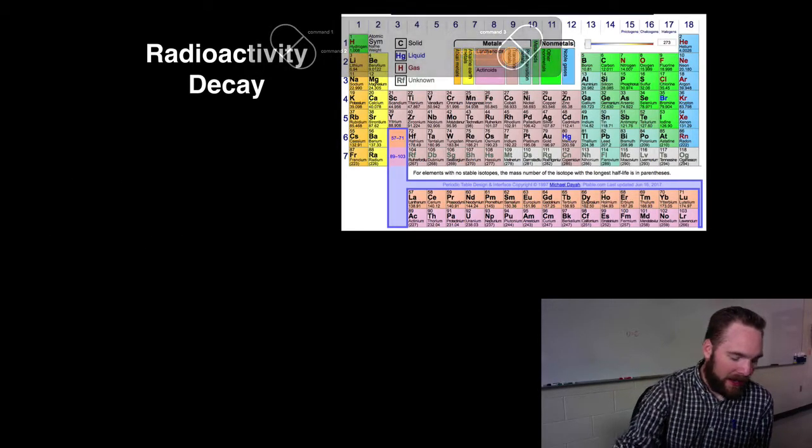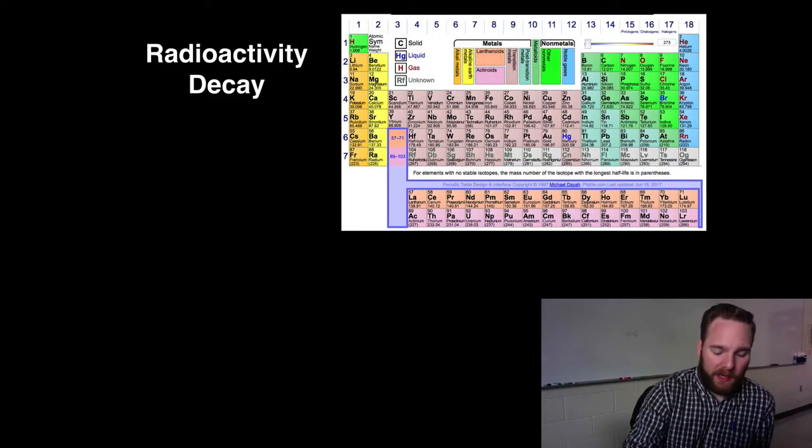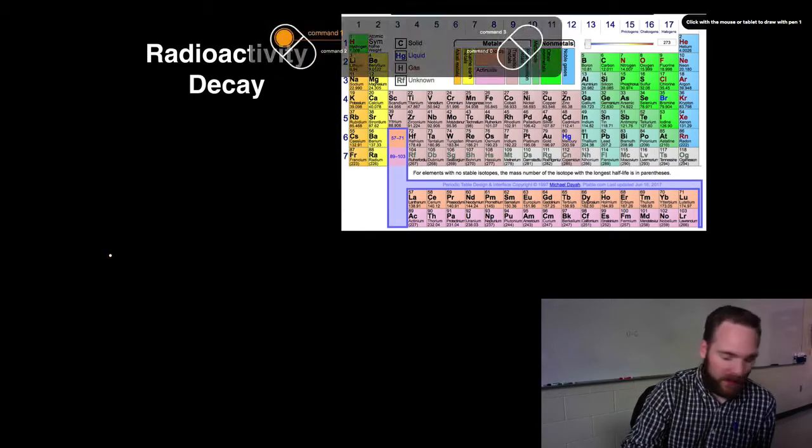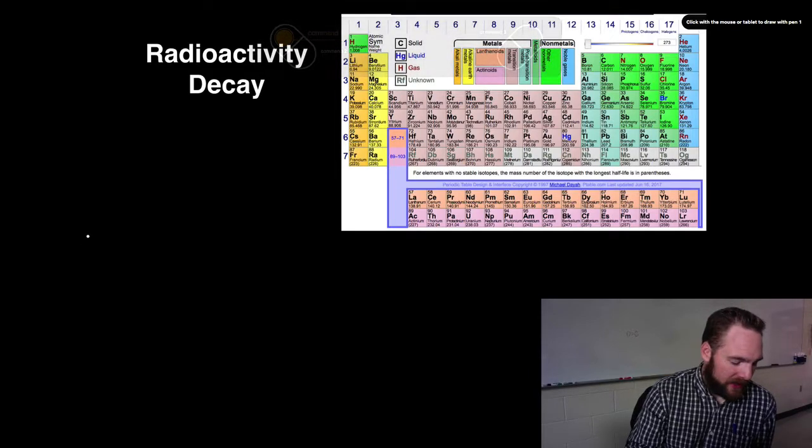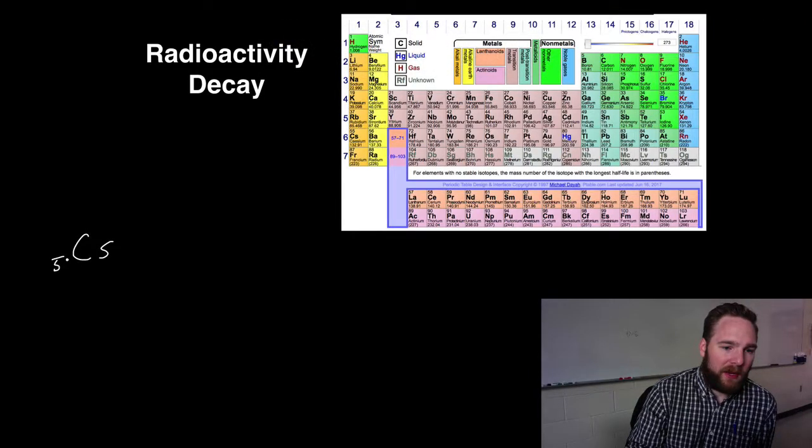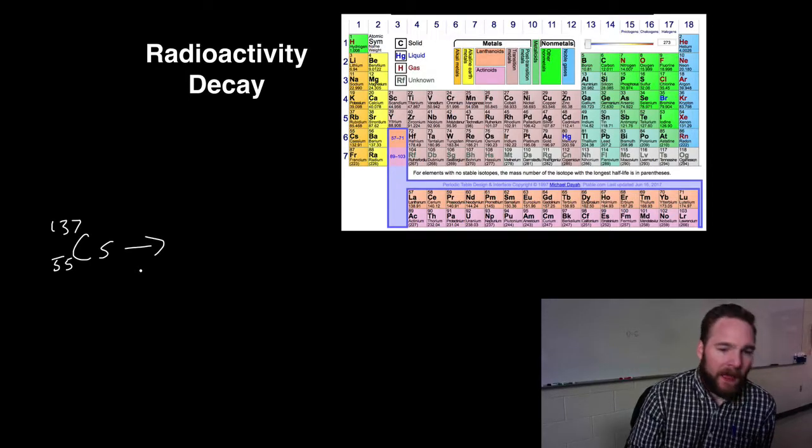Let's look at another problem. Let's look at beta decay. So here's an example. We can have cesium. Cesium has an atomic number of 55, and it's got an atomic mass of 137. Here's our reaction, and this is going to be a beta decay problem.